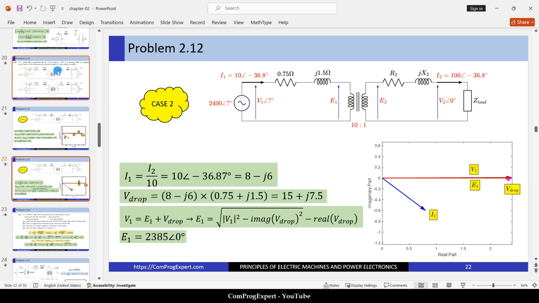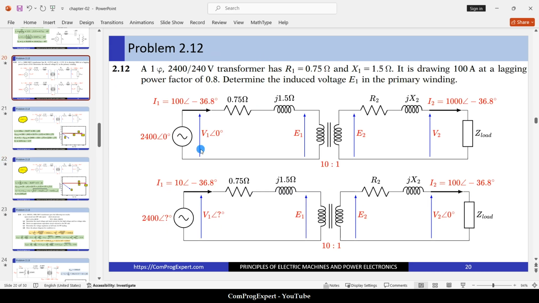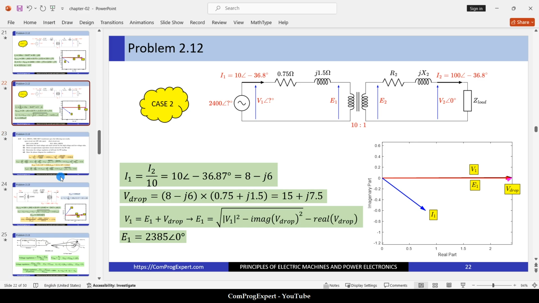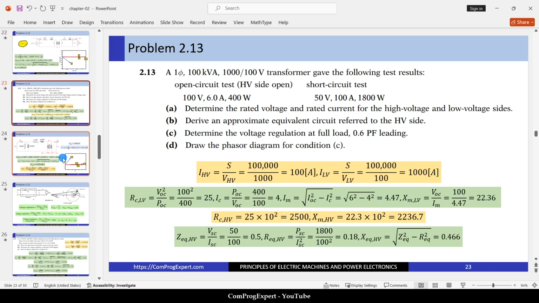Anyway, you can review this problem and redo these calculations yourself. So let's go for the next problem, problem 13.